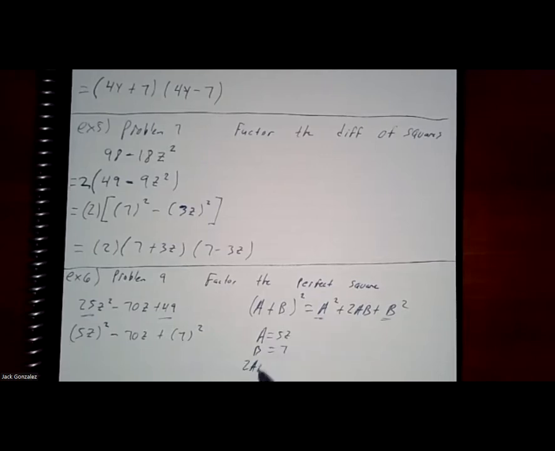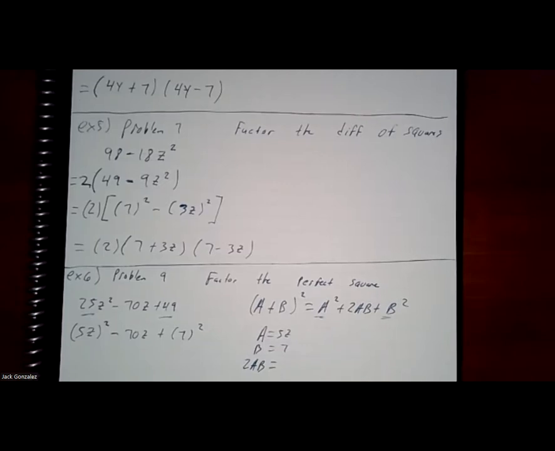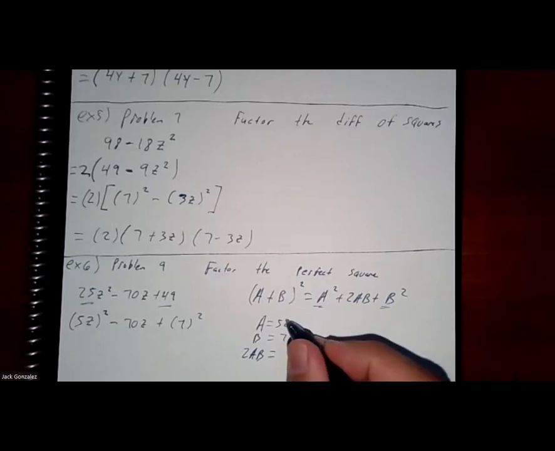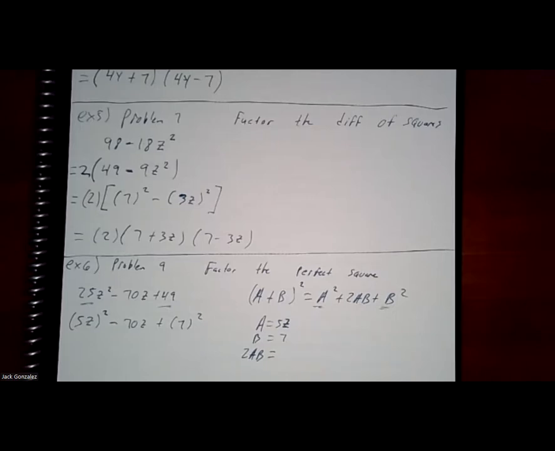What is 2ab? It's 2 times 5z times 7. Sorry, let's see. Yes, that's my bad. You have to do it all together.